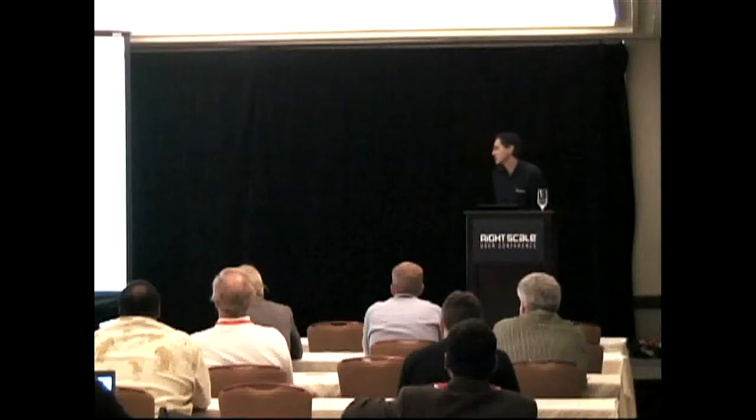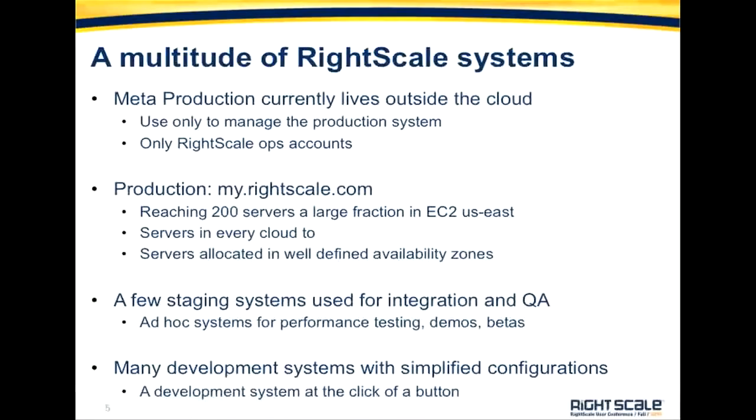In addition, we have many development systems with simplified configurations. Our system is starting to be quite complex, and what it means is that developers, in order to test interactions between different clouds, have to put a significant amount of resources in order to test something that is realistic. And I remember 3 years ago, we were able to run everything on my little laptop.